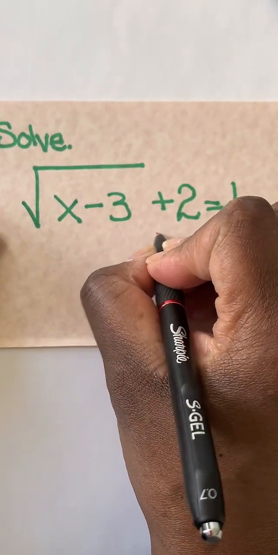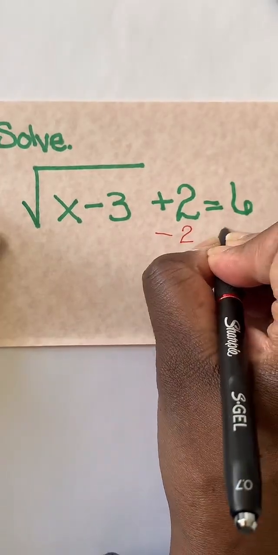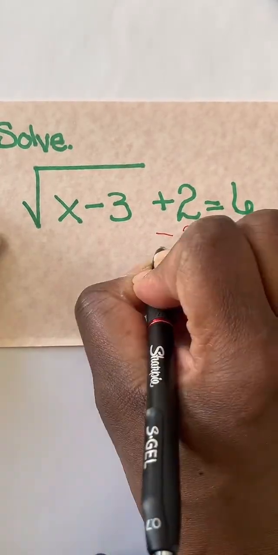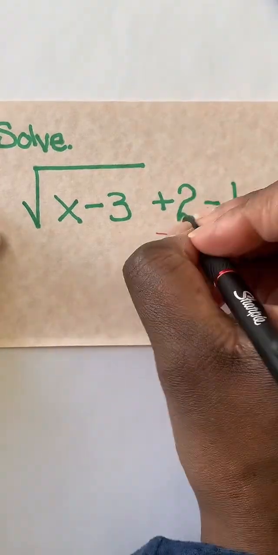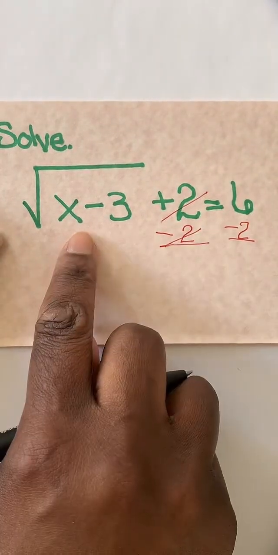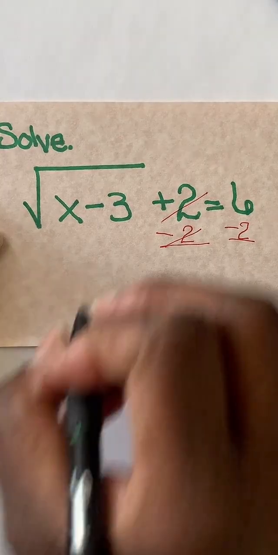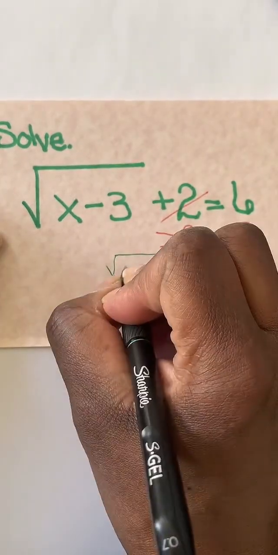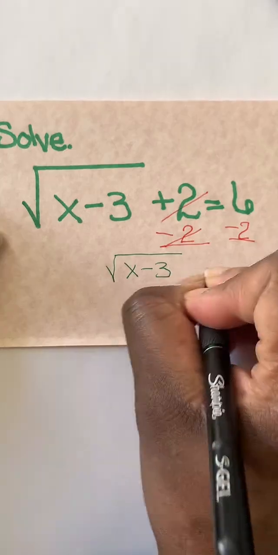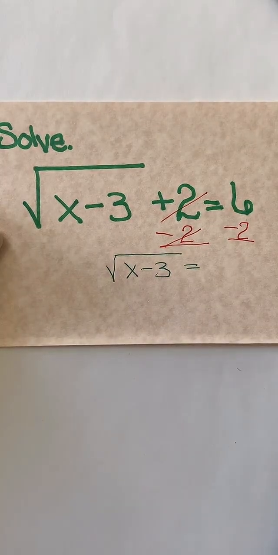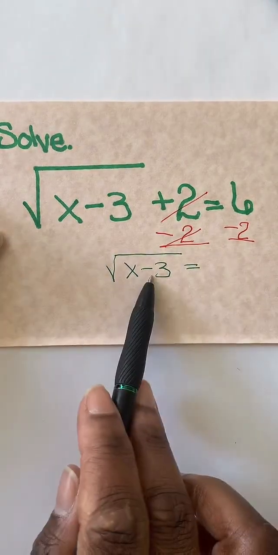So the first step is we need to subtract 2 on both sides. That's our very first step. The reason why we're doing that is so we can isolate that square root of x minus 3.